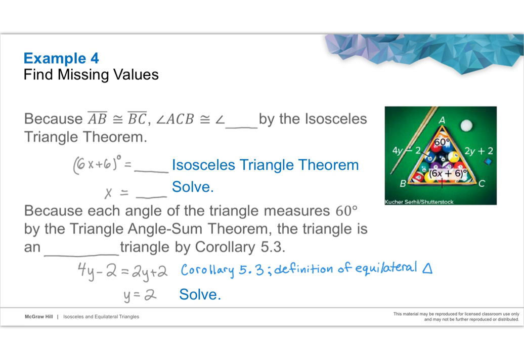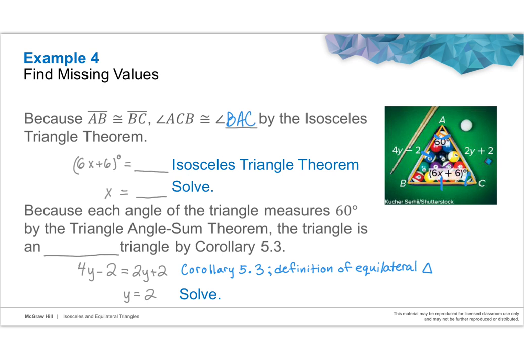It might be hard to see on the diagram, but we do have tick marks on sides AB and BC. Because they are congruent, the measures of the base angles at the ends of those legs, angle ACB and angle BAC, are equal by the isosceles triangle theorem.